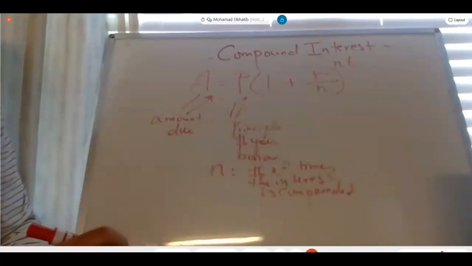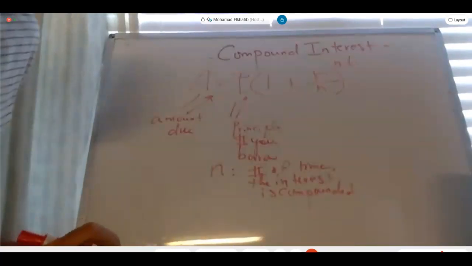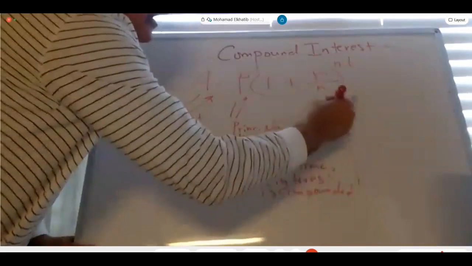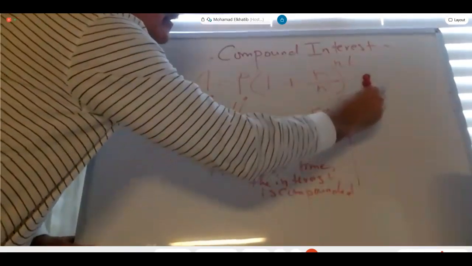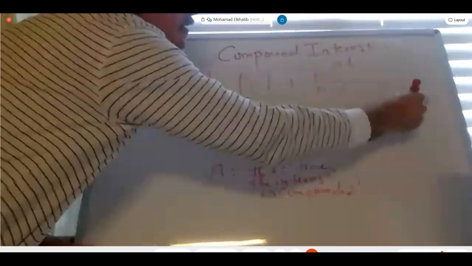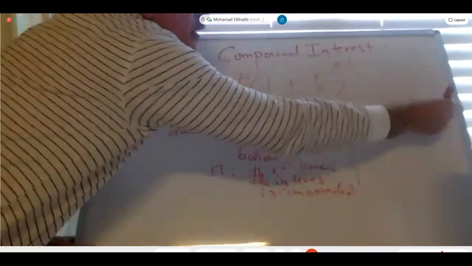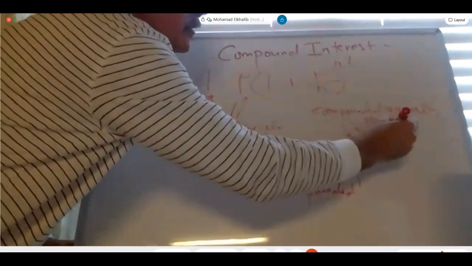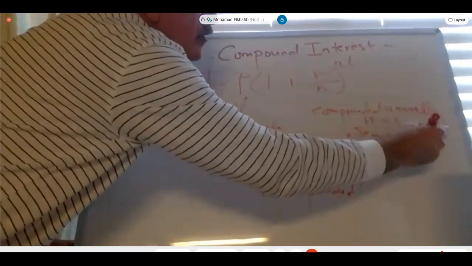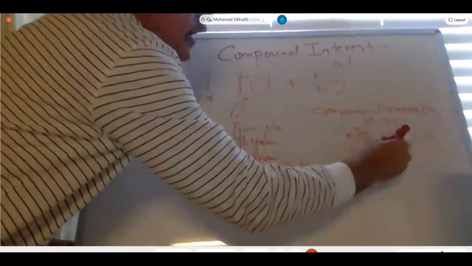So I want you to write this in your notes, class. You'll be able to do the homework. If they say it's compounded annually, that means N is 1. Semi-annually, N is 2.